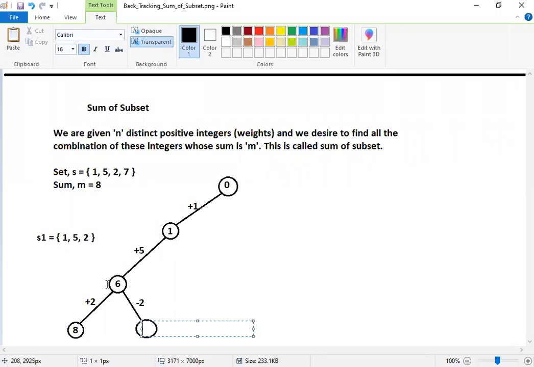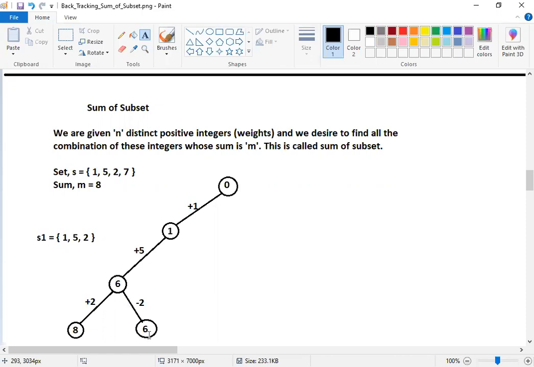The previous value, the sum is 6, right? That is 1 plus 5. I got a 6. And then the next number is 2, and now I am not supposed to take this particular 2 in my subset. If I don't consider this 2, then what will be the total sum at that particular point? Is it 6 itself or is it different? 6 itself. It is 6 itself.